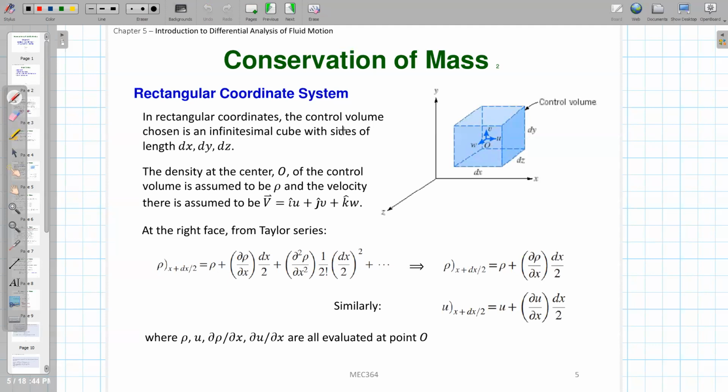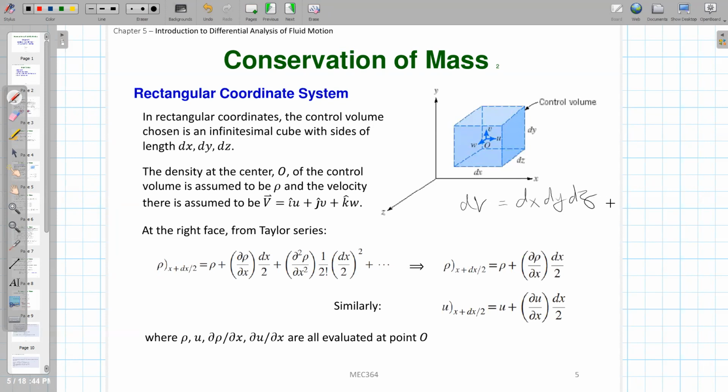We have this point O, and this control volume in the XYZ coordinates will be a cube, with x direction length dx, y direction dy, and z direction dz. So the overall volume dV is equal to dx times dy times dz.